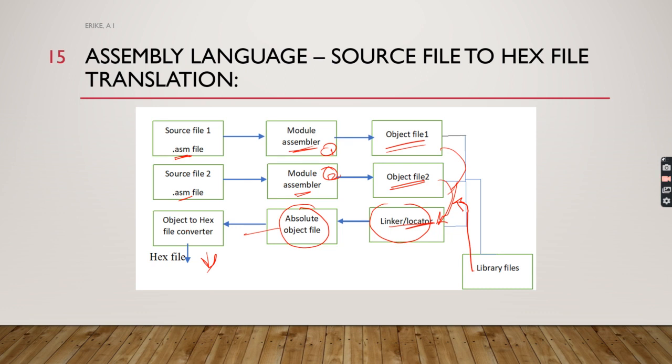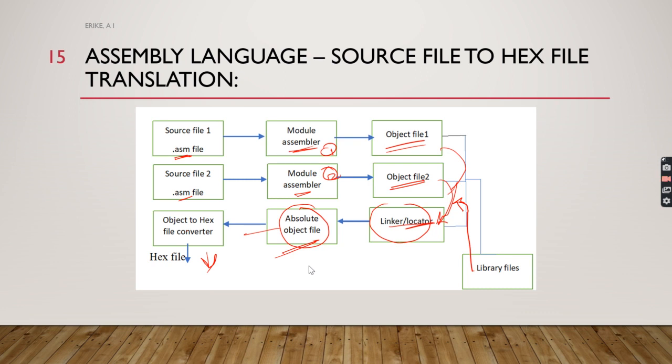The absolute object file created from the object files corresponding to different source code modules contains information about the address where each instruction needs to be placed in the program memory. So we are talking about this absolute object file. It has the address where each of those is supposed to be in the program memory.